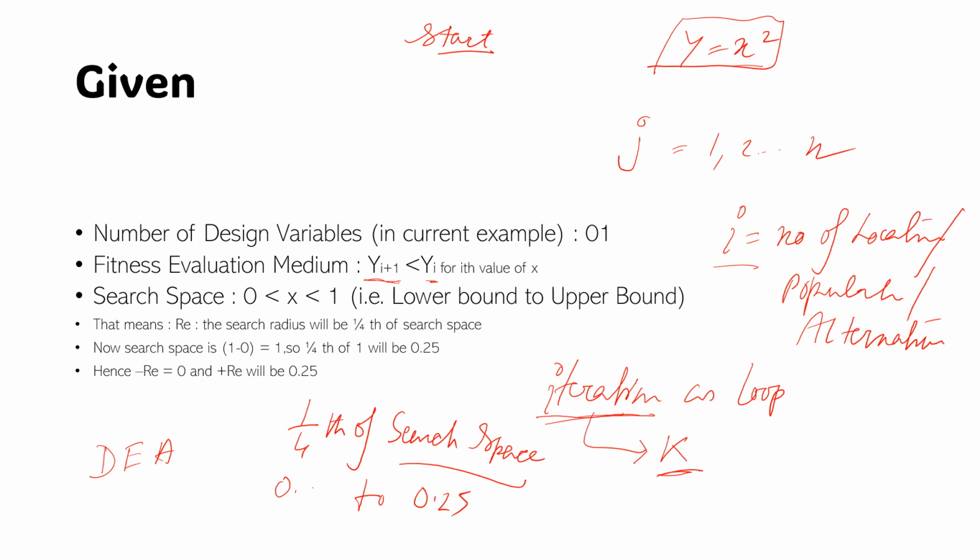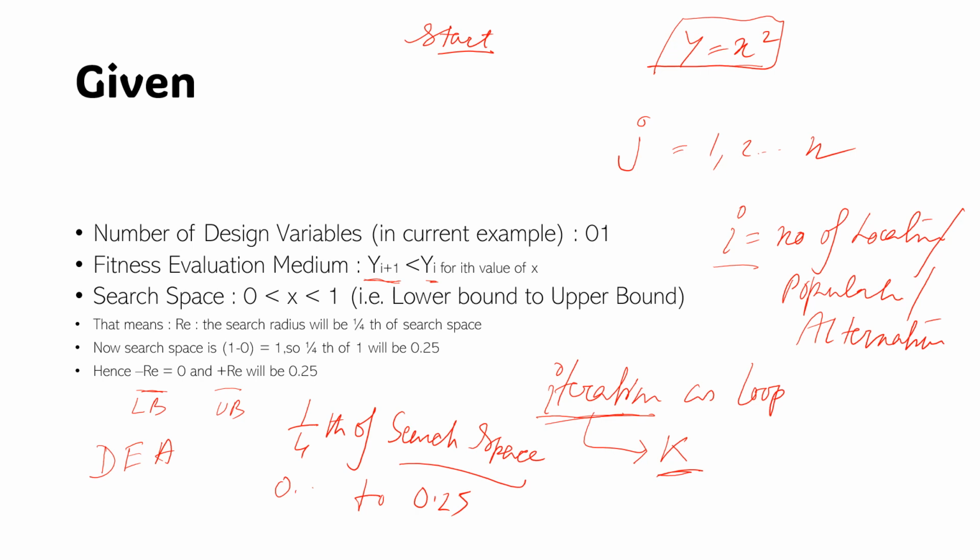They said that minus RE, the radius of searching domain, lower bound, actually for our case will be 0, plus RE is the upper bound. So the lower bound would be more than 0, and the higher bound will be 0.25. But note here you can take the value 0.25 also, because it is far lesser than 1. You cannot take the value of 1, but you can take the value of 0.25.